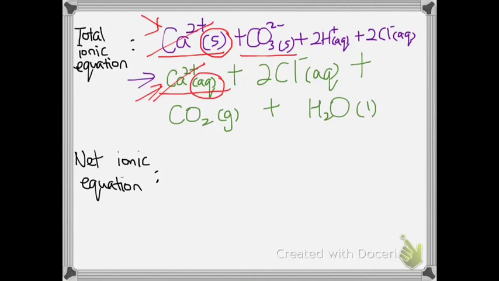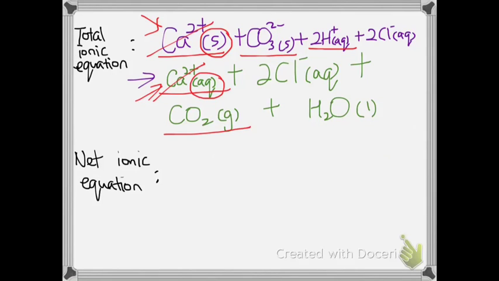Over here, the carbonate on the purple reactant side is converted into carbon dioxide on the green product side. Therefore, it is not a spectator. Here for H+, it appears in the reactant side but not in the product side. Therefore, it is also not a spectator.